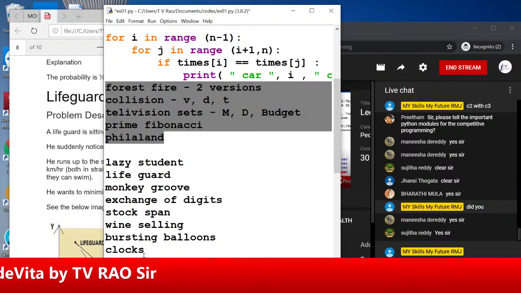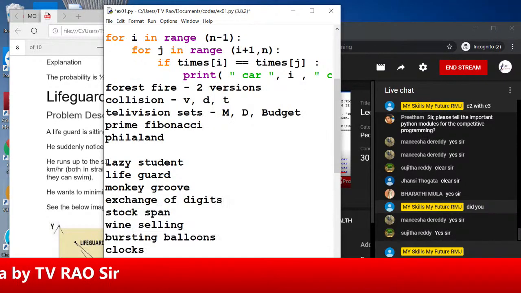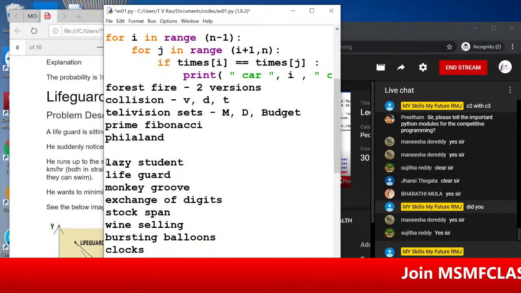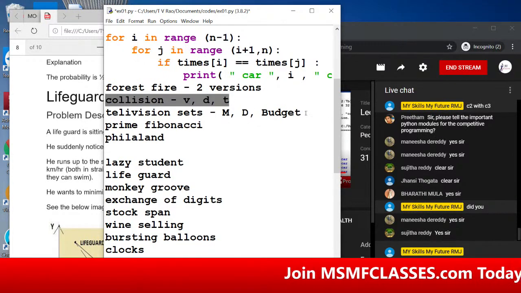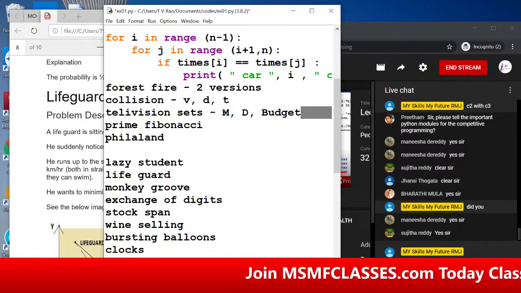In the next few days we are going to solve these many problems. Okay. So I hope today's discussion is clear. You understood both the problems, the collision problem and the television sets problem. Okay.